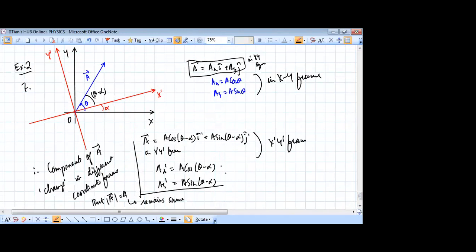You can see the components are different. These two components are different compared to these two. But the magnitude of the vector is the same. And the way the vector is drawn, the vector arrow is the same. Okay, so that's how you will compare which quantities change and which quantities do not change when we change the orientation of the coordinate frame. Is it clear, Shikhar?